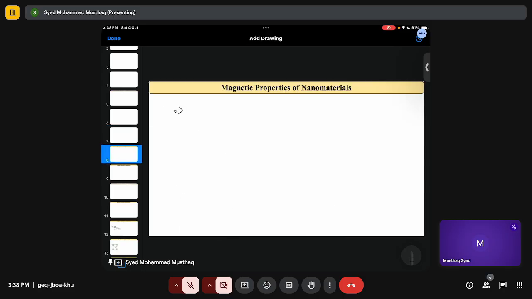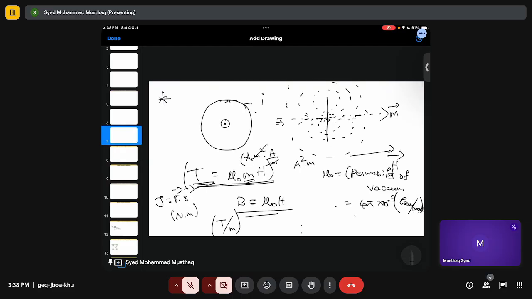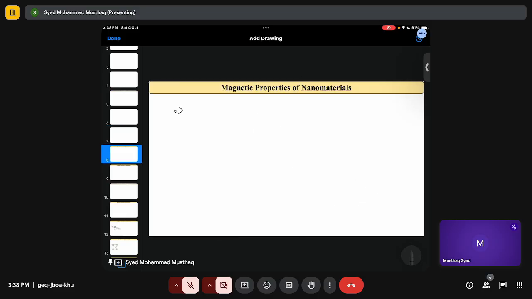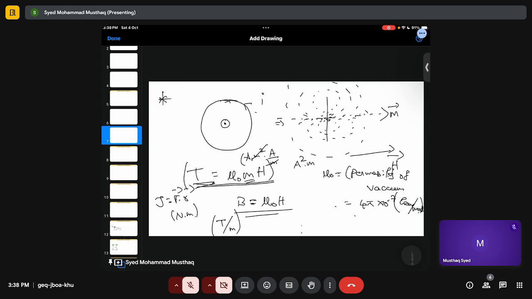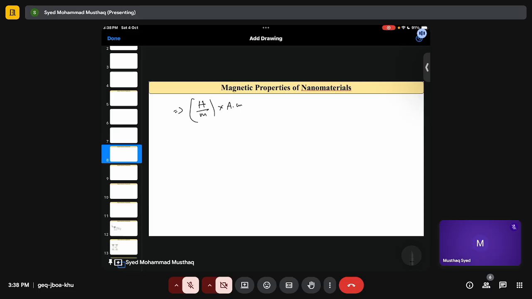Torque I have Henry per meter times Henry per meter, and then I have magnetic moment ampere meter square times ampere per meter divided by ampere meter square.